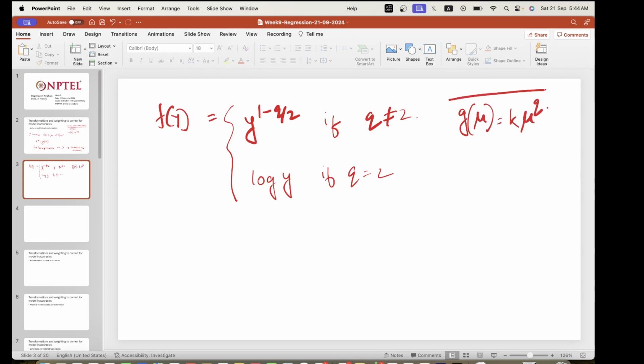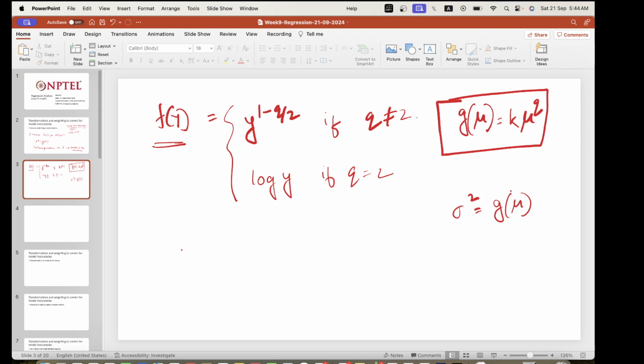If sigma square equals g mu and g mu takes this form, then we can apply these transformations on our response variable to make the error variance constant.